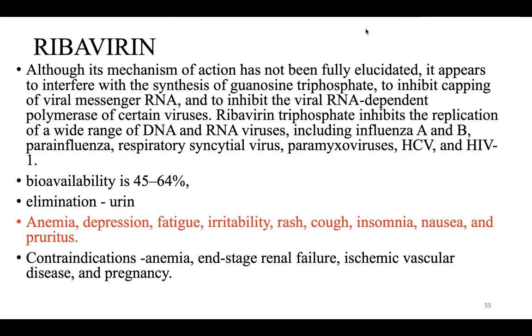Plasma protein binding is negligible, volume of distribution is large, and cerebrospinal fluid levels are about 70% of those in plasma. Ribavirin elimination is primarily through the urine. Dose-dependent hemolytic anemia occurs in 20% of patients. Other potential side effects: depression, irritability, rash, cough, insomnia, nausea, and fatigue.